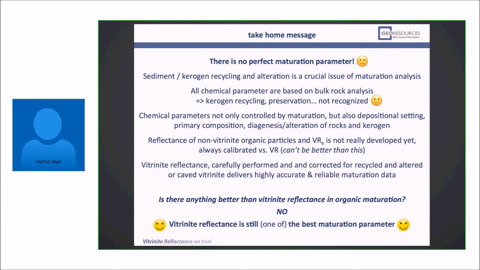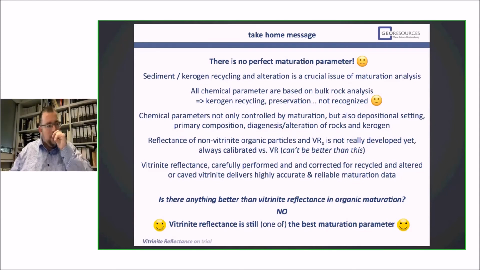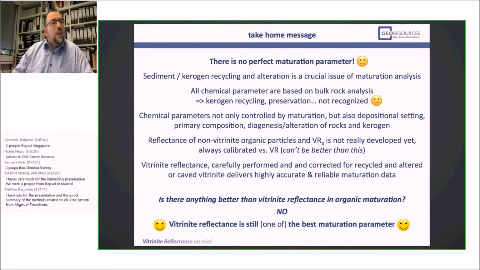I had this discussion several times with people, and sometimes they say, okay, if it's so different from what you present here, then all these correlations, all these models are more or less wrong and useless because they are built on old data, on data like from the North German Basin, for example, which are obviously not correct.